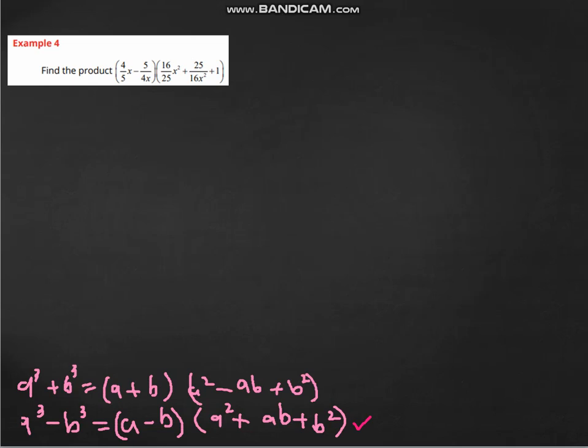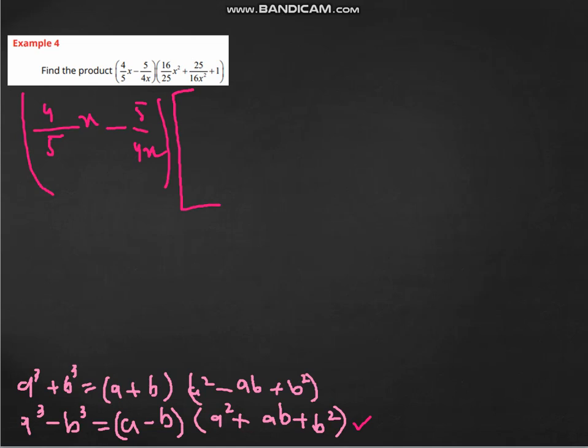Well, let's just write it down first. So 4 upon 5x minus 5 upon 4x. And then let's open a square bracket.